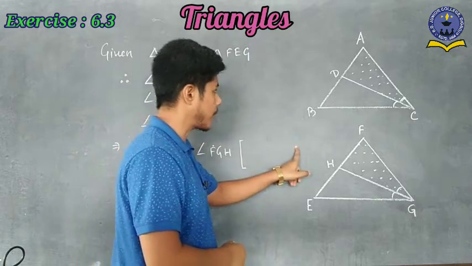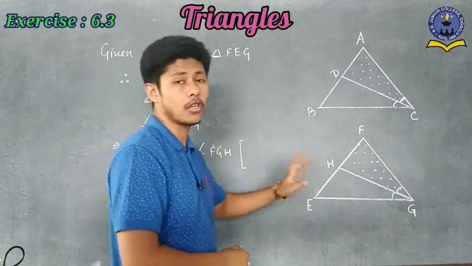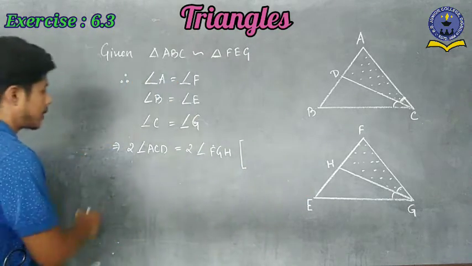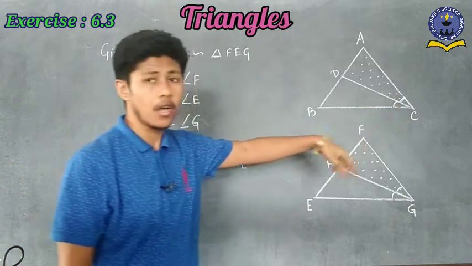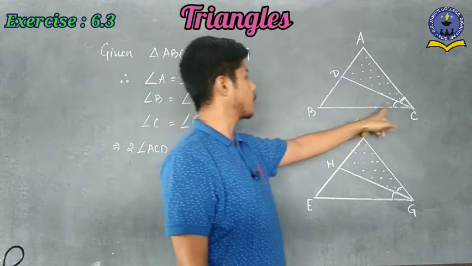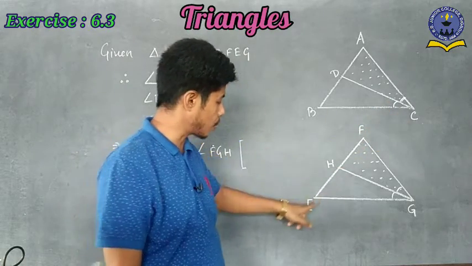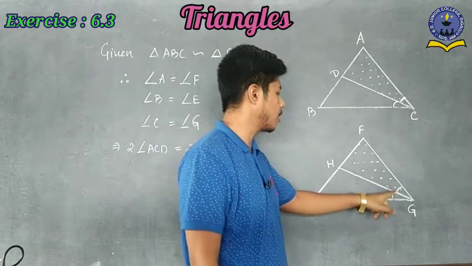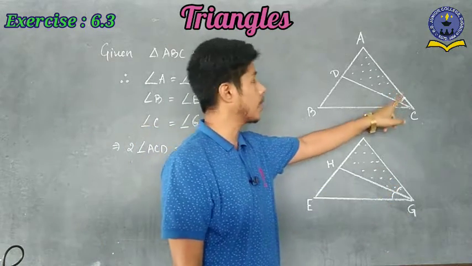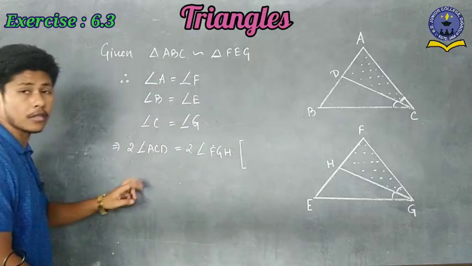So you have to write: CD is the bisector and GH is also the bisector. In place of angle C, we can write 2 times ACD or 2 times BCD, as well as 2 times FGH or 2 times EGH. But here we need ACD and FGH, so we write these two.